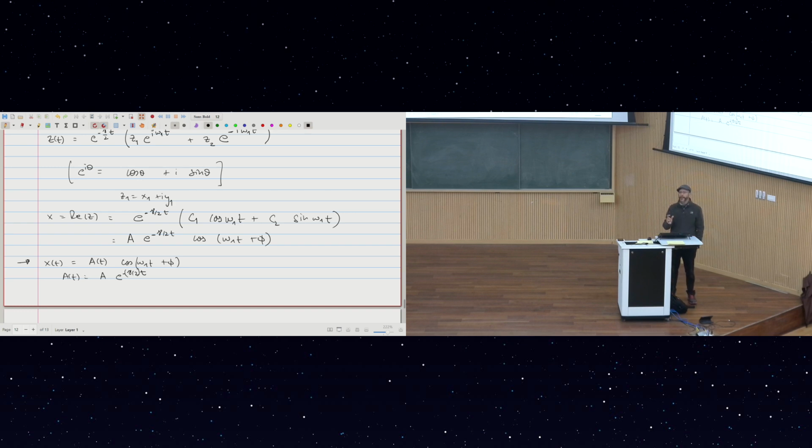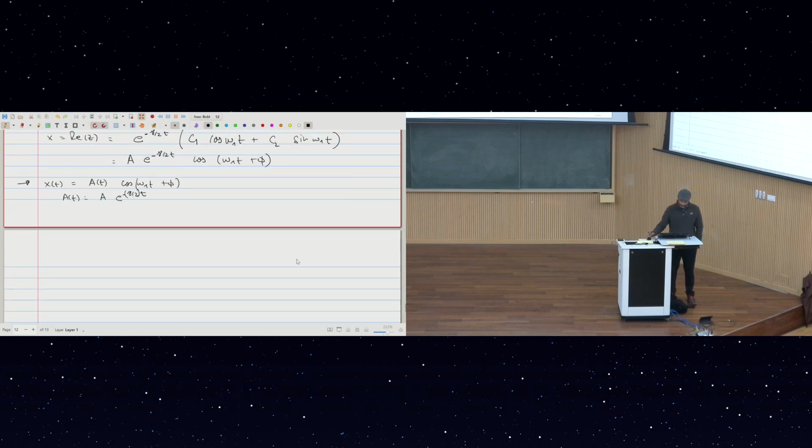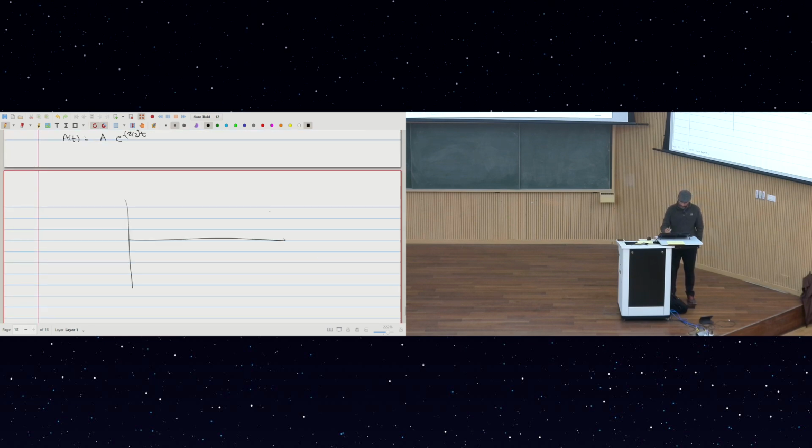So the amplitude of the periodic or the harmonic function is decaying with time. So if I was to plot it, something like this. And if we draw the envelope of the amplitudes, it's not drawn very well, but if you join the tips, you will see that it decays exponentially with time.